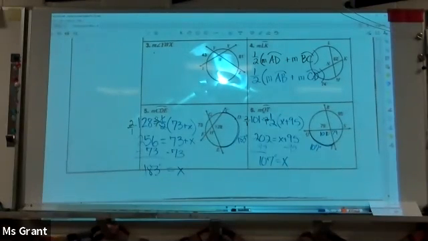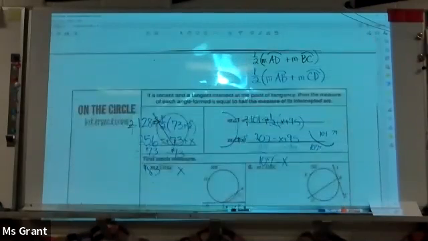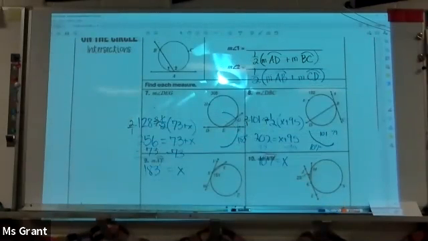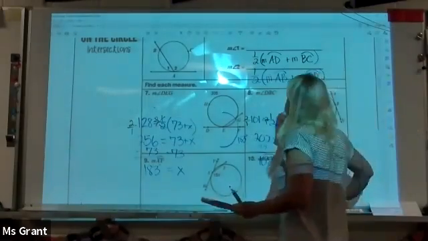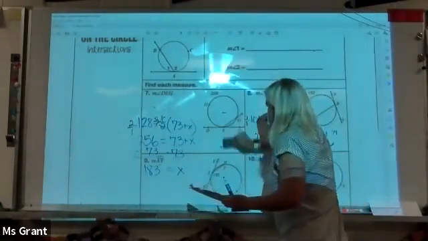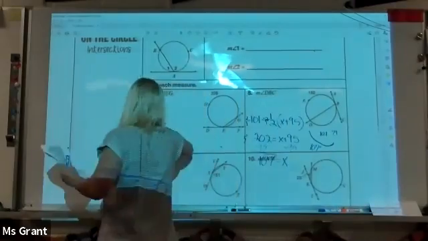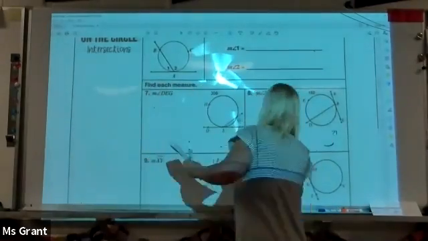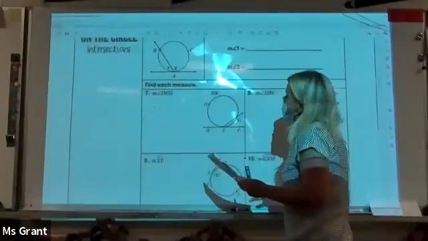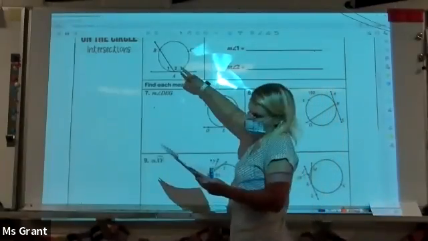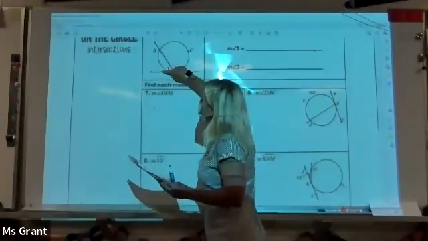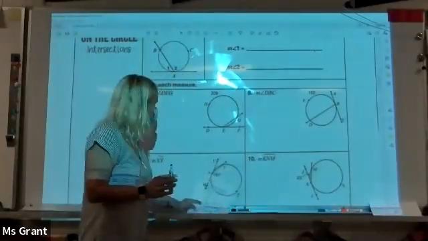We talked about this yesterday, but we're going to just practice it a little more today. All right. Yesterday we did this, if you'll recall. Angle 1 is half the size of its intercepted arc.